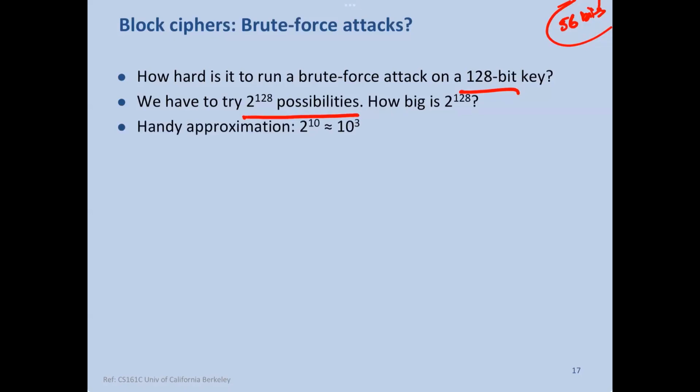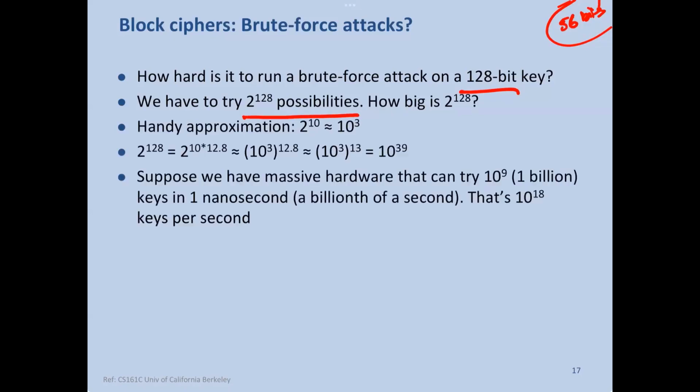But it's extremely big. If you do simple mathematics, this is approximately equal to 10 raised to the power 39, and you have a very powerful computer that tries 1 billion keys in 1 nanosecond.